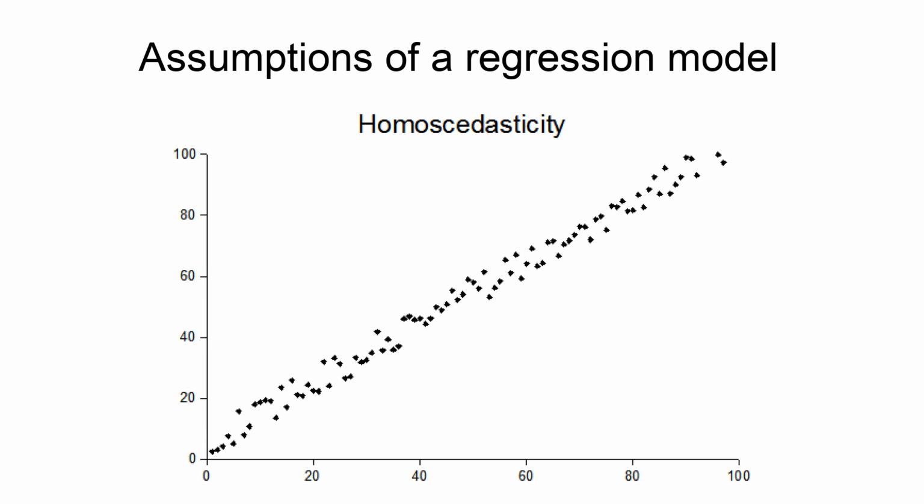This is one of the assumptions under which the Gauss-Markov theorem applies and ordinary least squares, OLS, gives the best linear unbiased estimator, BLUE.